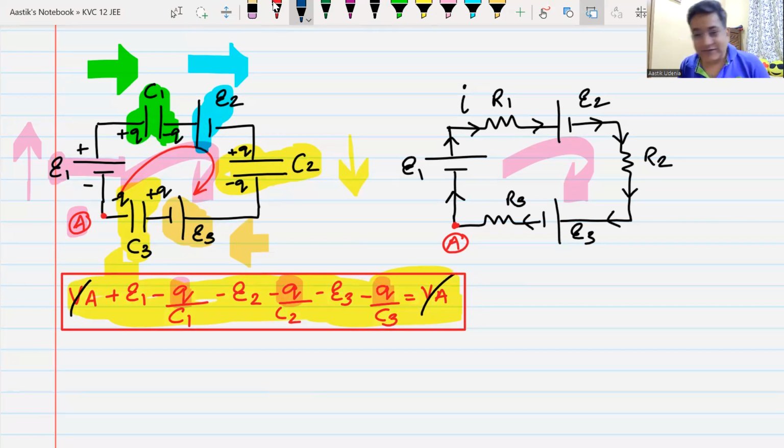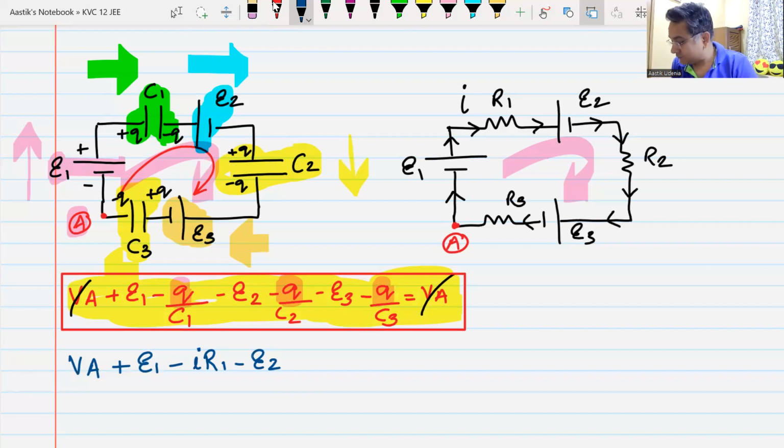Plus VA. Plus E1, minus IR1, minus E2, minus IR2, minus E3, minus IR3 is equal to VA. Where did VA go?